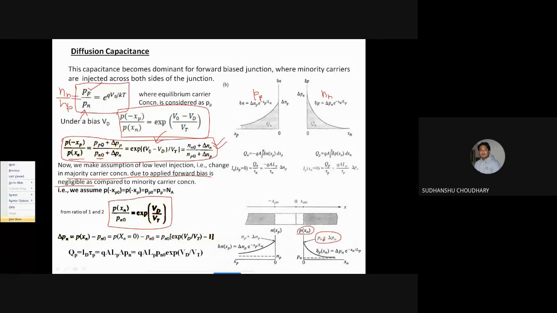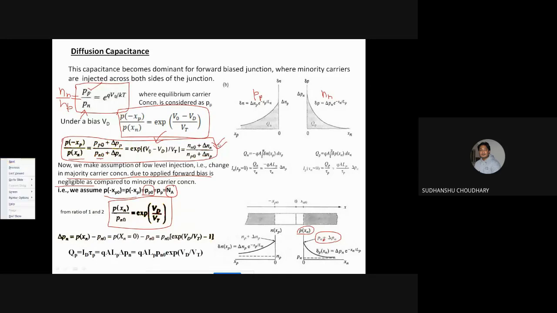If we assume this, then the holes in p-type, that is majority carrier concentration, is equal to equilibrium carrier concentration of holes in p-type, which is equal to the acceptor impurity concentration in p-type.